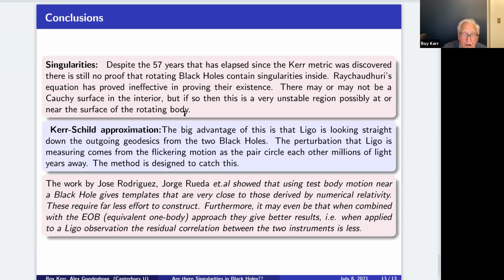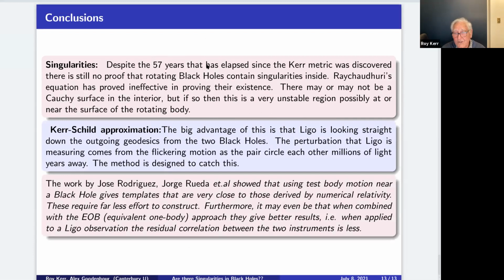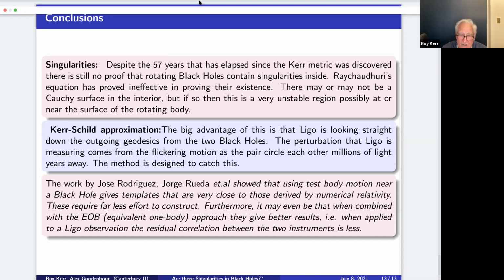Jose and Jorge et al. showed that if you use a test body motion near a black hole, test body motion, that's what they used, they got results which were very close to those by numerical relativity with a tremendous amount of effort, and the efforts of the people who are using fast approximations and slow approximations.